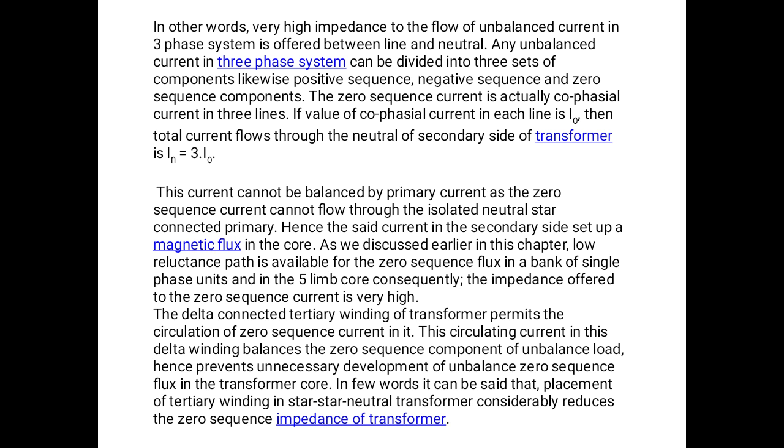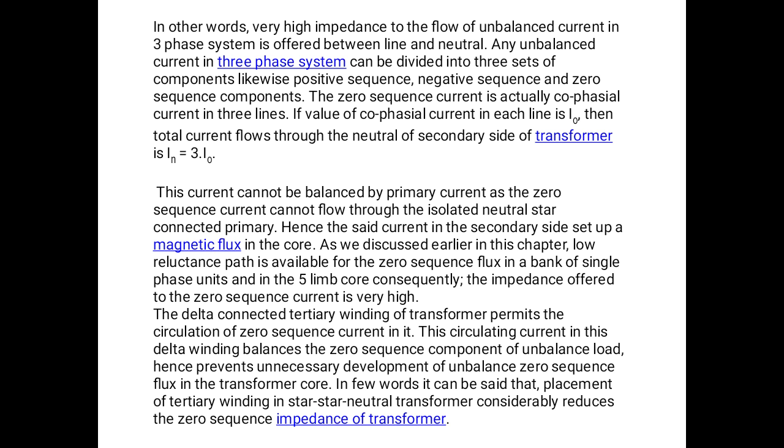The copper saving in an auto transformer is given by the formula W is equal to K times W naught, where W naught is the copper of a two winding transformer and K is the transformer ratio.